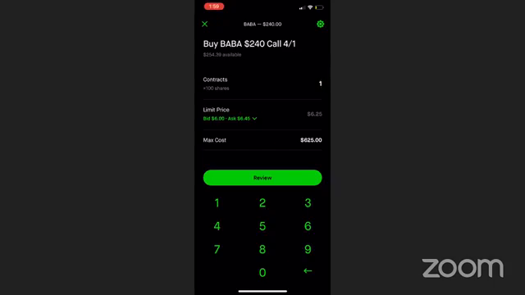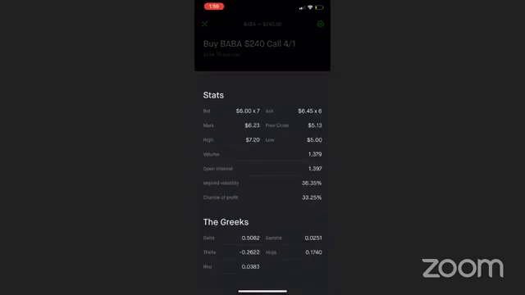So we're going to click the green link for bid and ask so that we can look at the Greeks. So this at the money 240 strike has a delta of 0.50, basically a 50-50 chance.